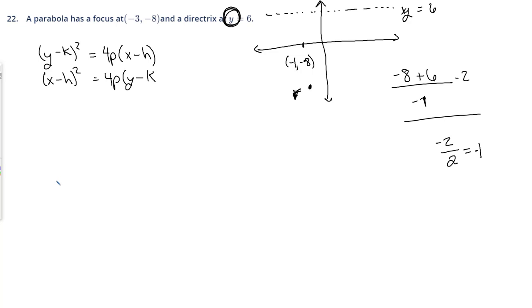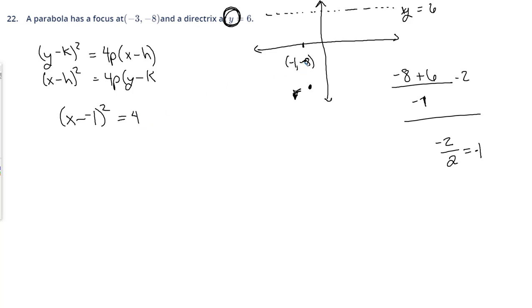Is the parabola turning sideways or up and down? It's not y squared, so, oh, x. Okay, I see what you're saying. Yes, x squared. X minus h is x minus a negative 1 squared equals 4p.